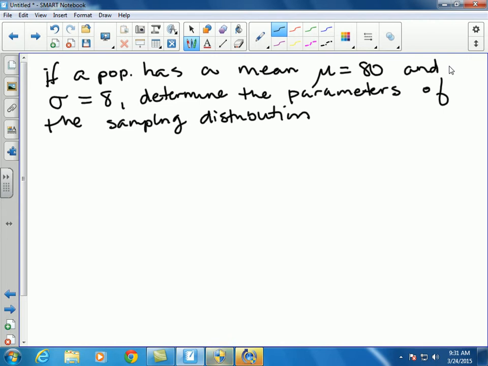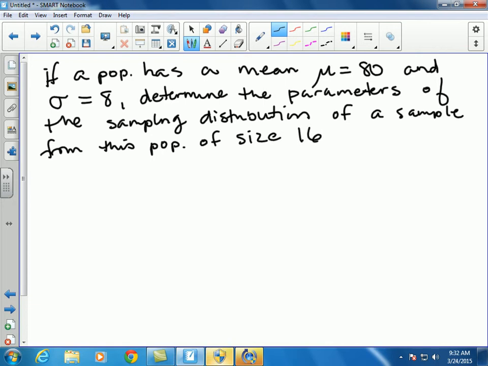Which means the mean and the standard deviation of a sample from this population of size 16. Okay, so what that means, if we break it all down, is that mu equals 80, sigma equals 8, and n equals 16. N, of course, is the sample size.